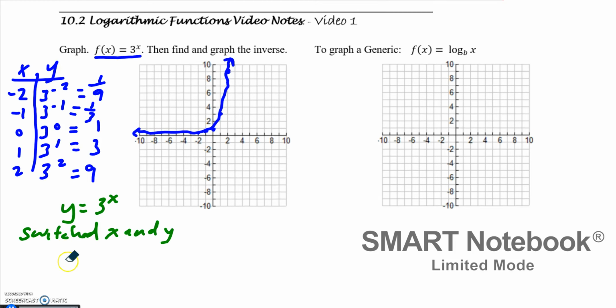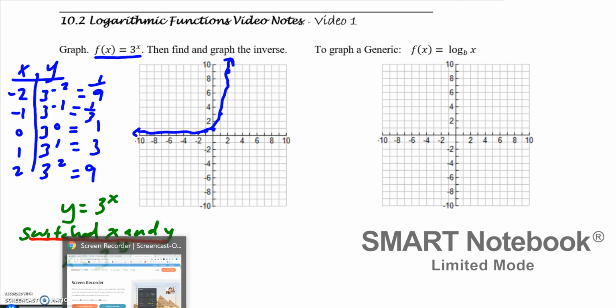So if I do that, and I do x equals 3 to the y power, at this point I get a little stuck in terms of the solving. Because we haven't been reminded about how to use logarithms to solve, at this point we don't know how to continue the problem. But what we do know is, again, the definition of an inverse is switching x and y.